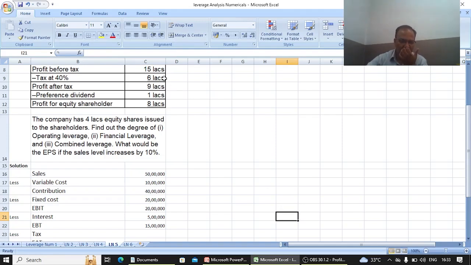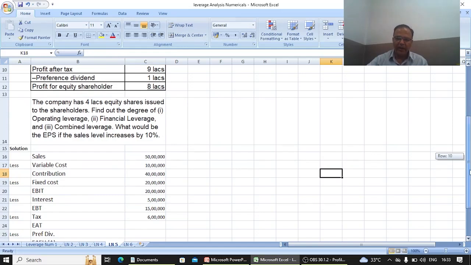Tax at 40% is 6 lakh. Now earning after tax is 9 lakh.